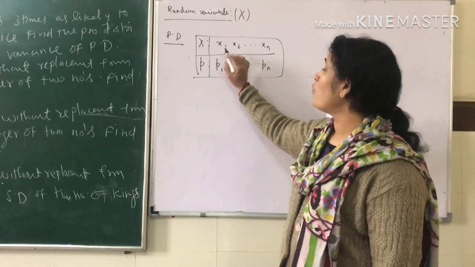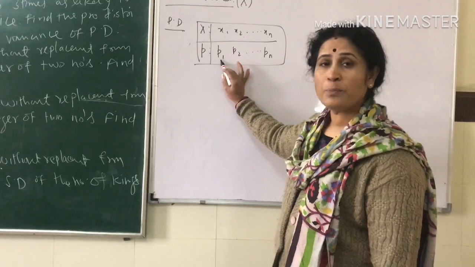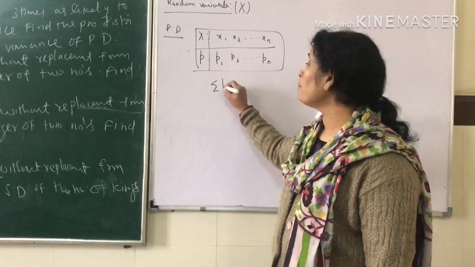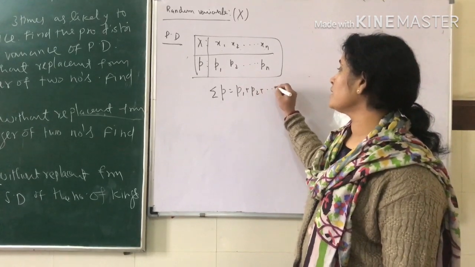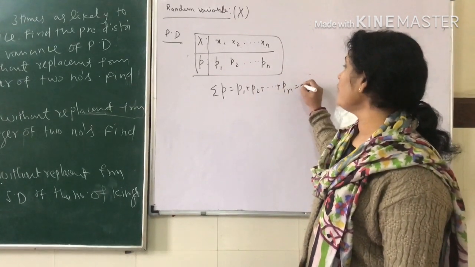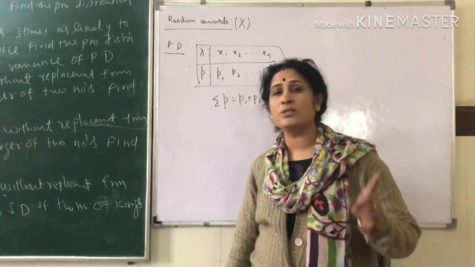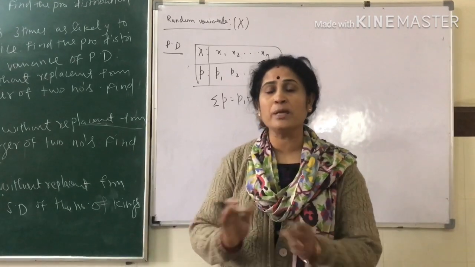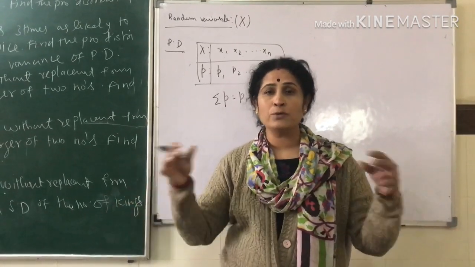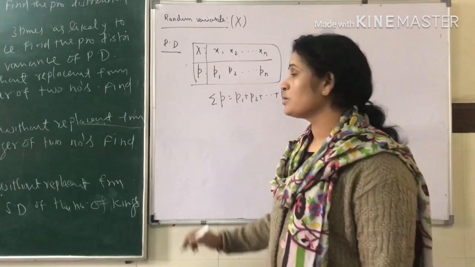Whatever random variables you have, find the corresponding probabilities, then the summation of P, that is P1 plus P2 plus P3 etc. up to Pn, must be 1. That is called a probability distribution. That means the total probability is 1, distributed over different successes. If you sum up, we get 1.